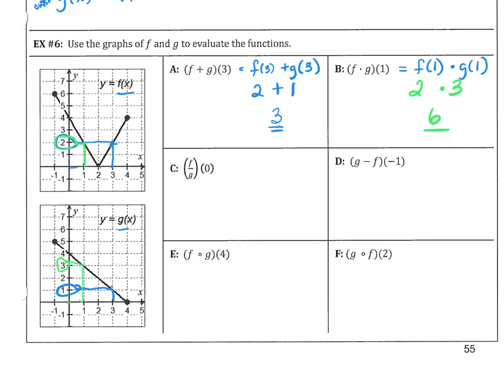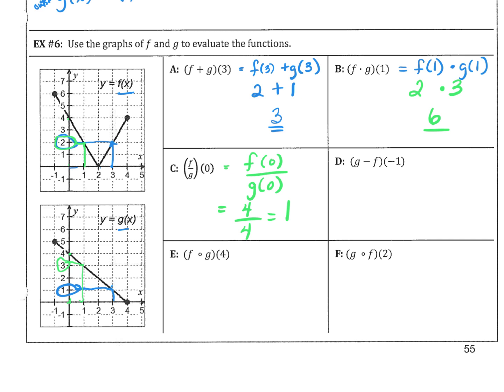All right, so how would we do f divided by g of 0? We'd find f of 0 and divide it by g of 0, wouldn't we? So what's f of 0? F of 0 is 4. G of 0 is 4, so 4 divided by 4 was 1.